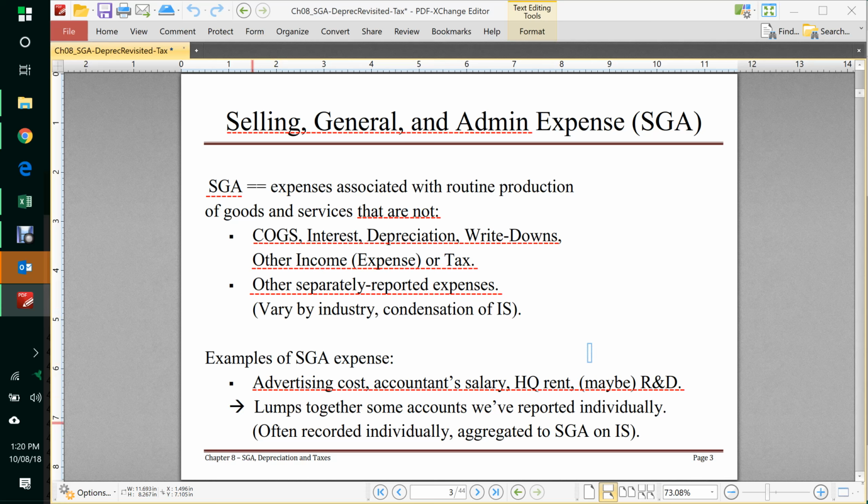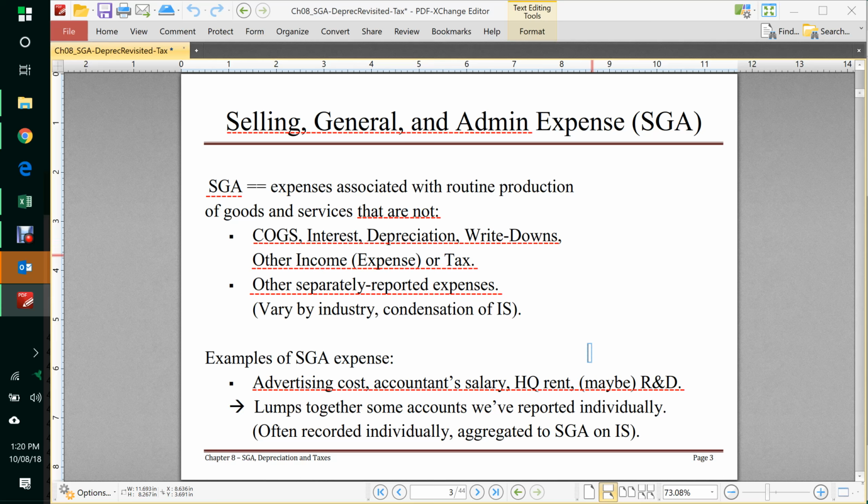So like I said, when we use SGA, it's going to lump together some of the accounts we've reported individually previously. We're still going to record them when we're doing our journal entries or transaction table entries.